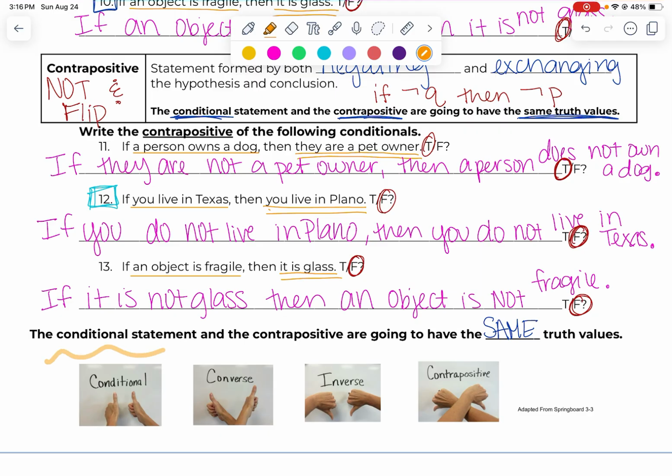For this next part, these pictures right here, I will go over these in class tomorrow because it's hard to explain without doing the actual hand movements. So the thumbs up, the thumbs down. So we will talk about those tomorrow.